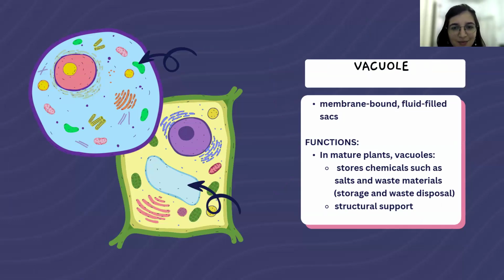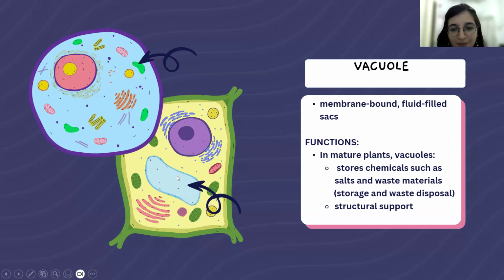It's just like small sacs. But if you look at the plant cell under the microscope, and if you look at the animal cell, you see that the plant cell has a big central vacuole. In mature plants especially, you will notice this. In young plants, it's a bit difficult, but with a mature plant cell, you will see this central vacuole.